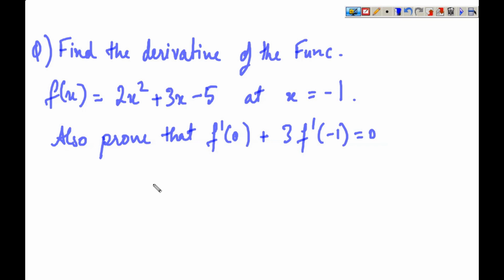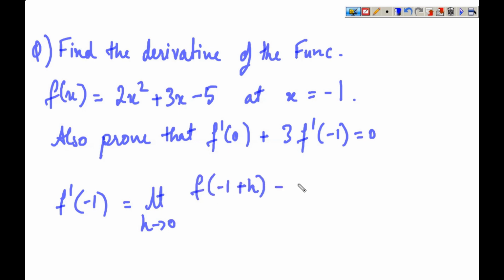So here we have the function f of x given as 2x squared plus 3x minus 5. So let's solve this. At first we need to find the derivative at x equals minus 1, so we write it as f dash minus 1. This is also a notation of a derivative. So limit h approaches 0 of f of minus 1 plus h minus f of minus 1, divided by h. So we simply substitute in terms of x, and we get the value of the function.